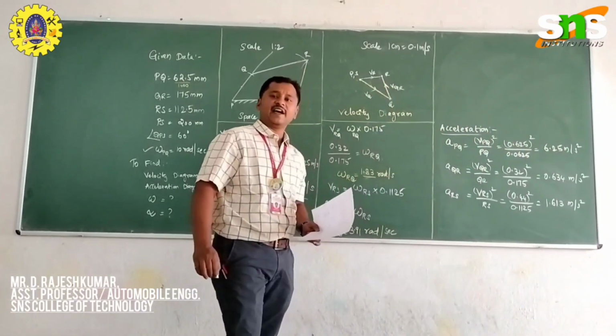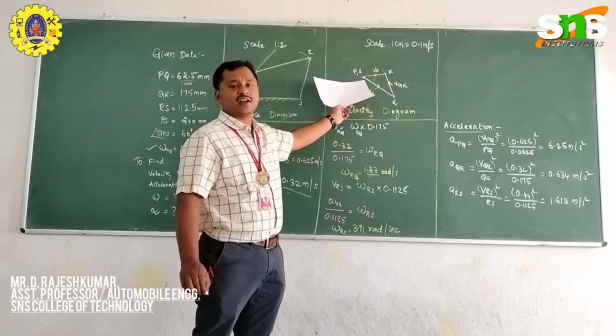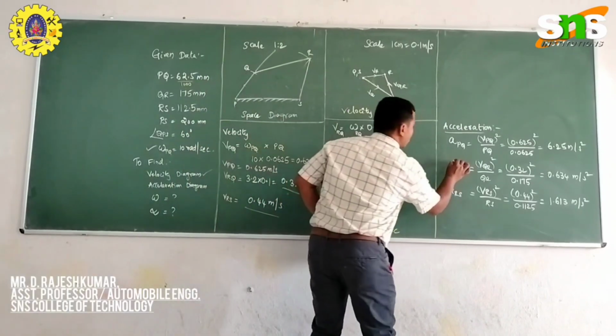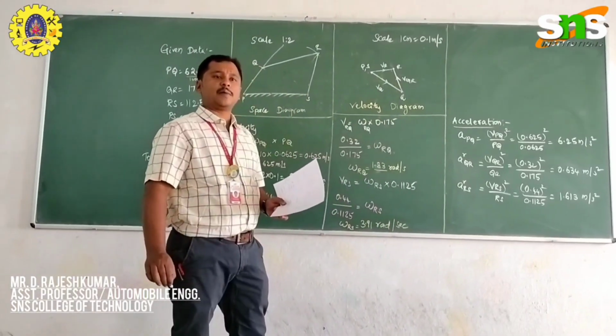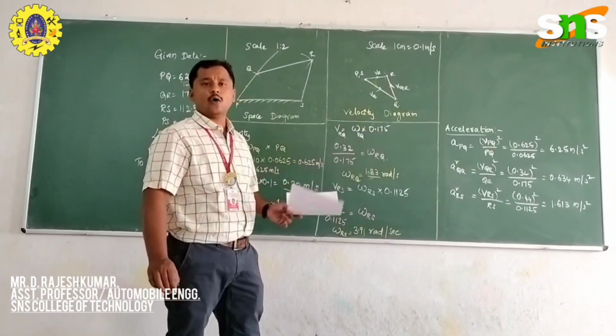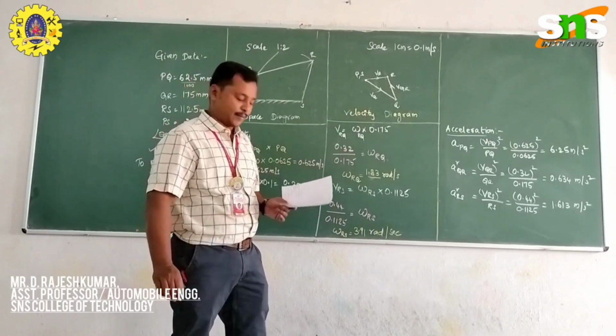So we have obtained the acceleration values for all the links in the velocity diagram. These are all radial components. So there is one more component, the tangential component. Let us see how the radial component and tangential component are drawn in the acceleration diagram.